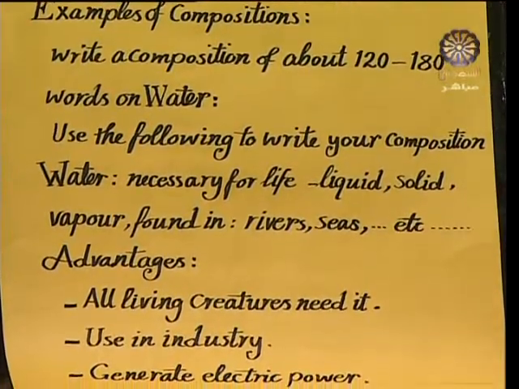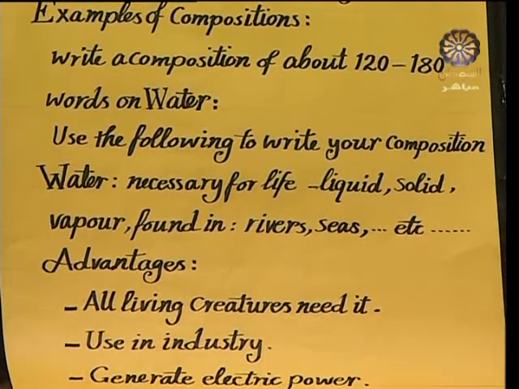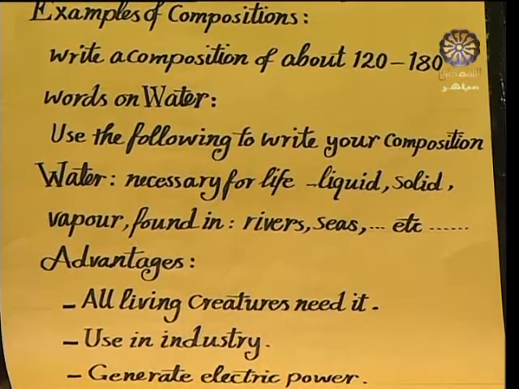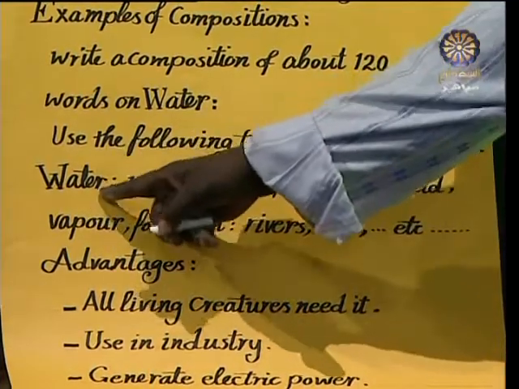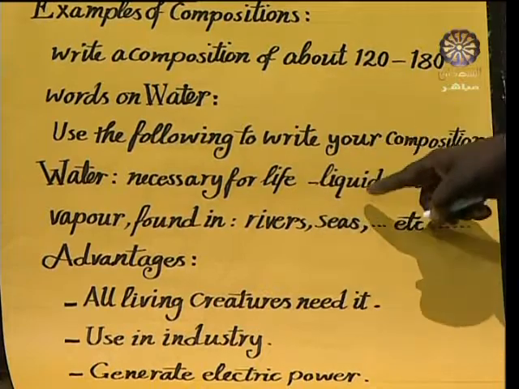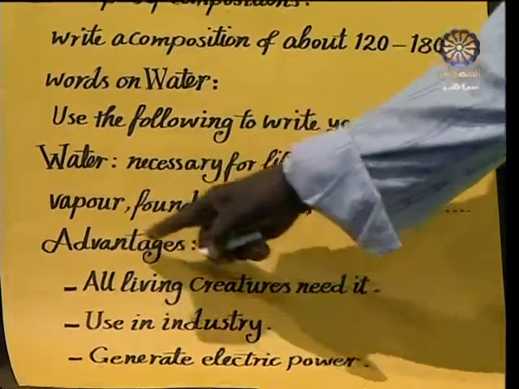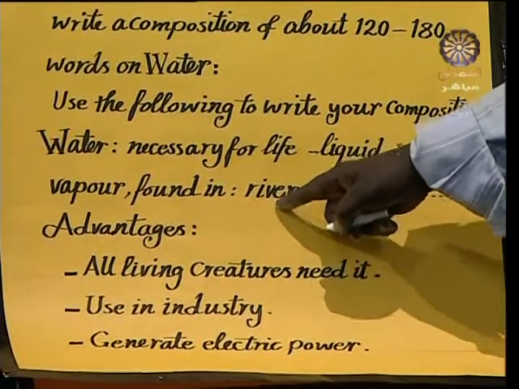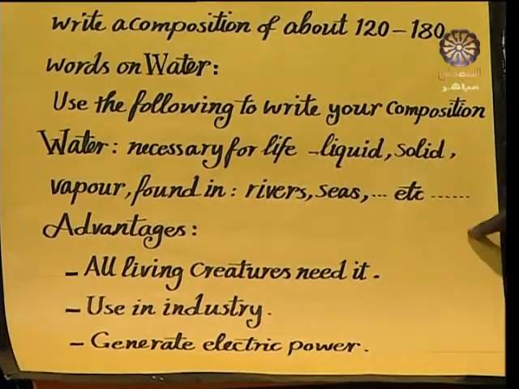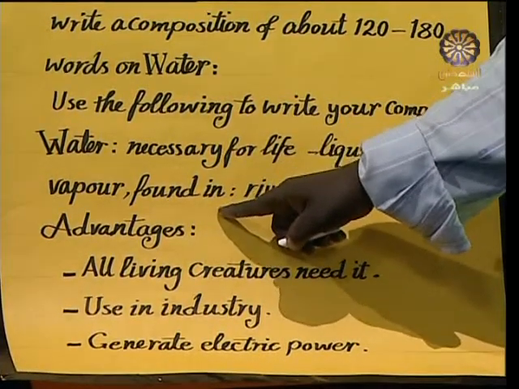Before I start writing the composition with you, I must read the points for you so that they can be clear for everybody who is watching the TV now. Water: necessary for life; liquid, solid, vapor; found in rivers, seas, etc. Then the second point, the advantages of water.